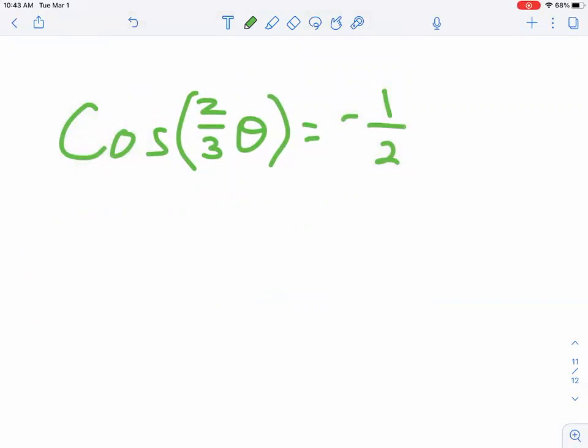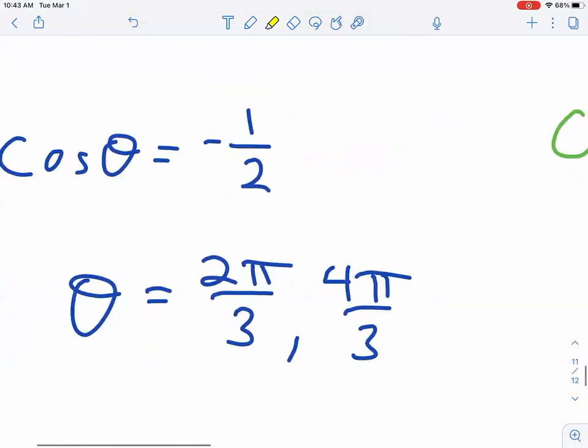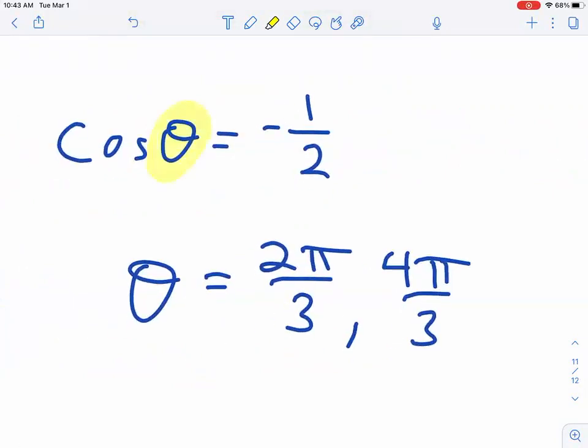All right, well, here's how you want to approach this. You want to train yourself to just think of that as theta, or maybe a different variable. Think of it as x. So in the last problem, I knew that my x was equal to 2 pi over 3 and 4 pi over 3.